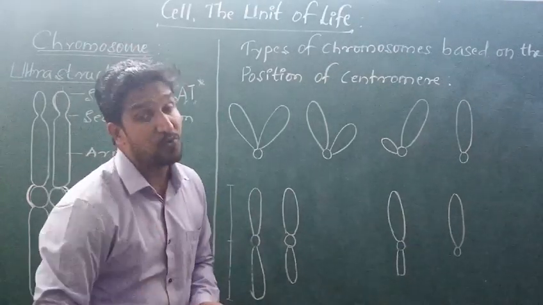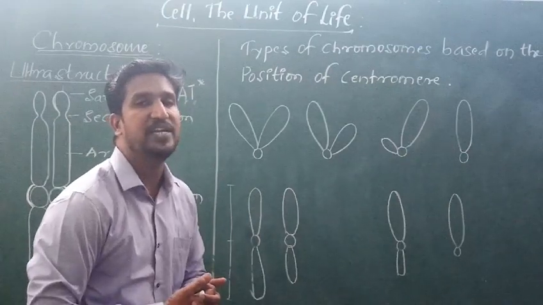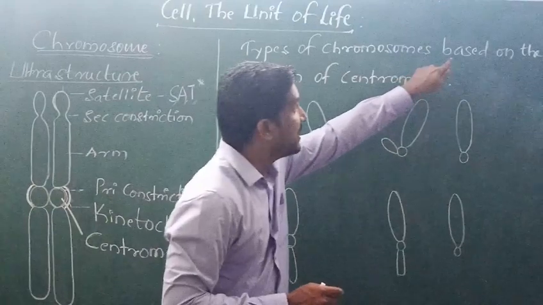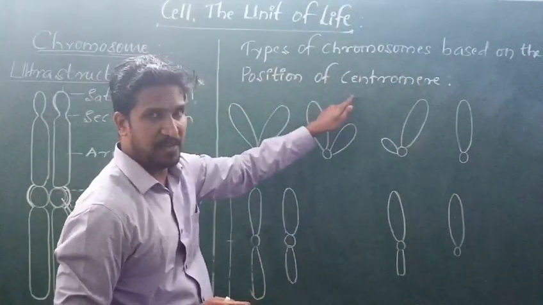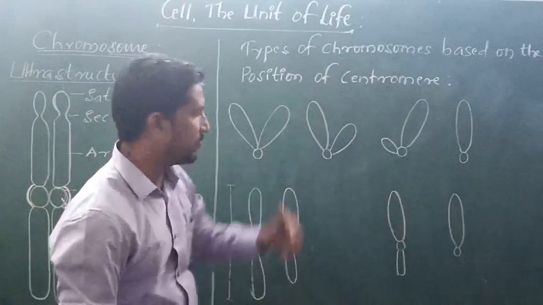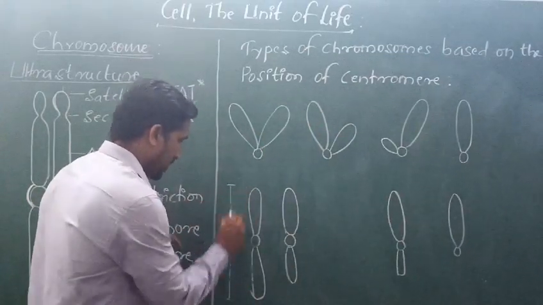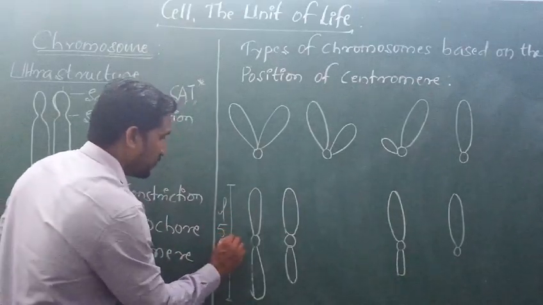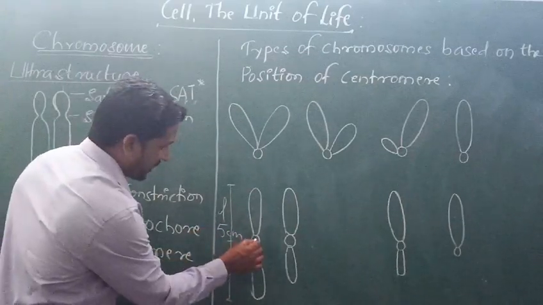The next part of this is the number of chromosomes is different, as I said, and the types of chromosomes are there. So chromosomes are classified into different types on the basis of the position of the centromere. Look over here. This is one chromosome, right? From here to here is its length. Consider this is 5 centimeters in length, and this is the centromere.